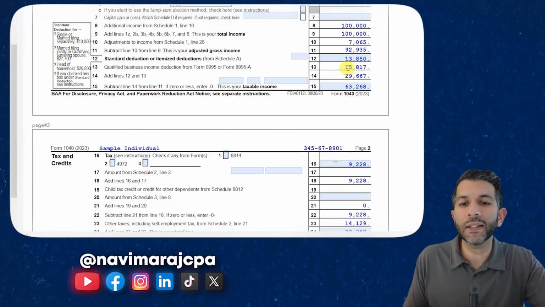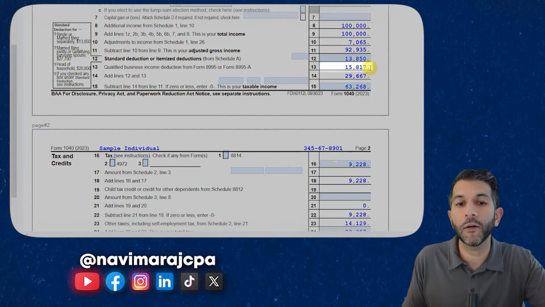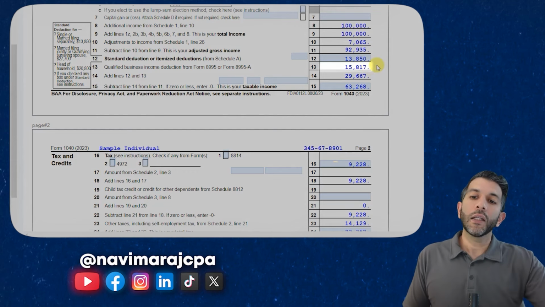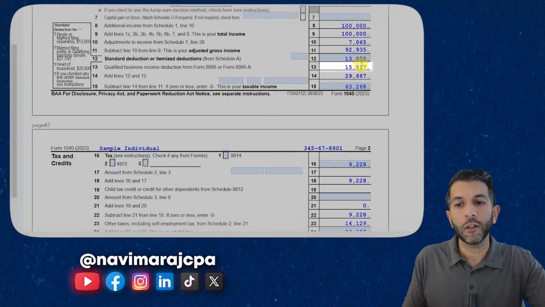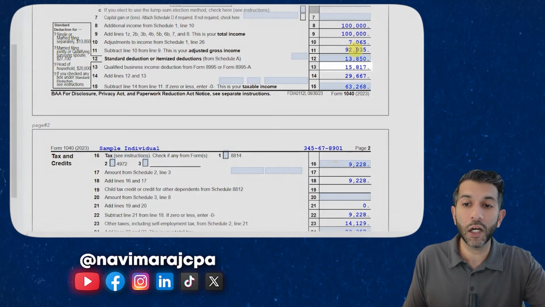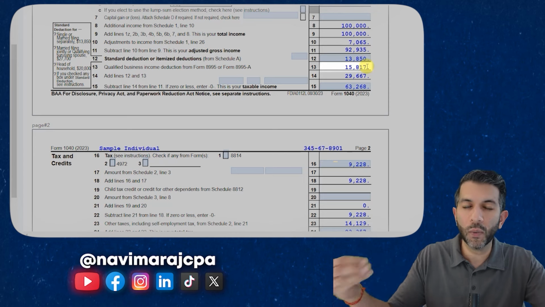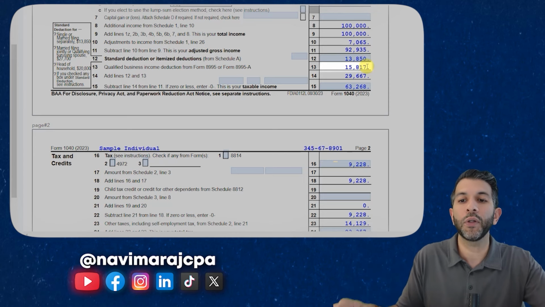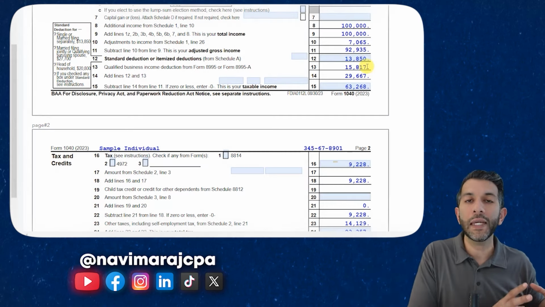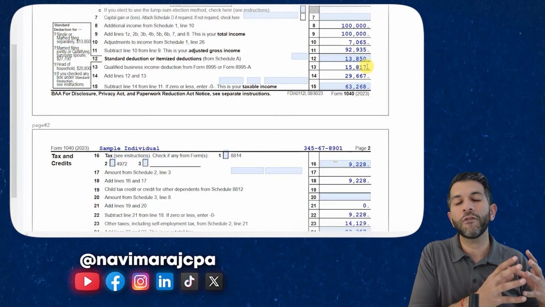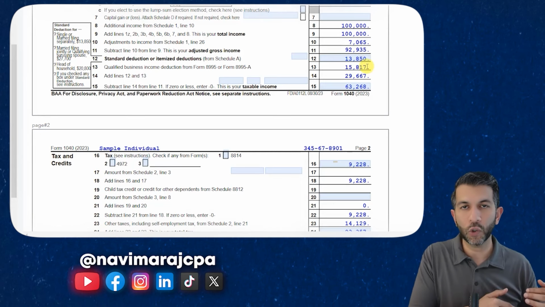You will also get the qualified business income deduction. It's a little bit complicated on the math here. The easy way to explain it is generally 20% of your business income of the 100 grand, but you notice this is not $20,000. There's some math going on here that's tweaking this number a little bit. If you make too little income, then your qualified business income deduction is less than that 20%.